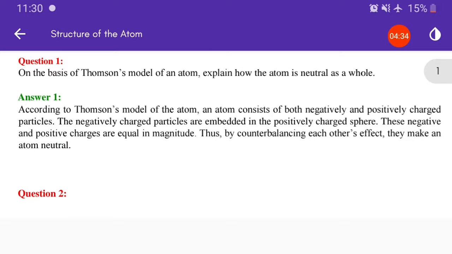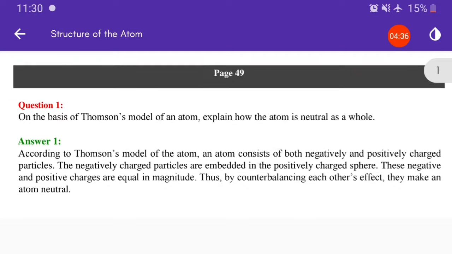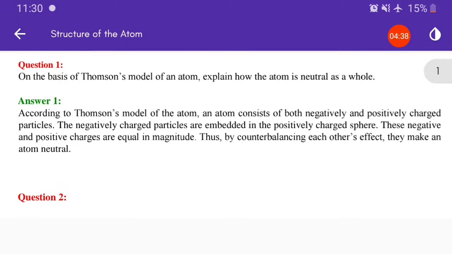Question number 1 on the particular page in the NCERT. On the basis of Thomson's model of an atom, explain how the atom is neutral as a whole. According to J.J. Thomson's model, an atom consists of both negatively charged and positively charged particles.